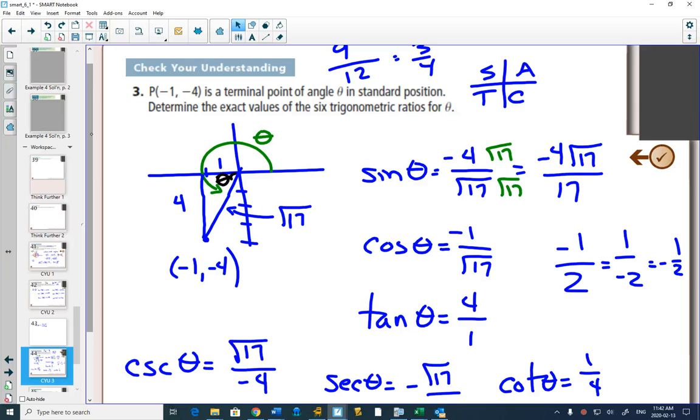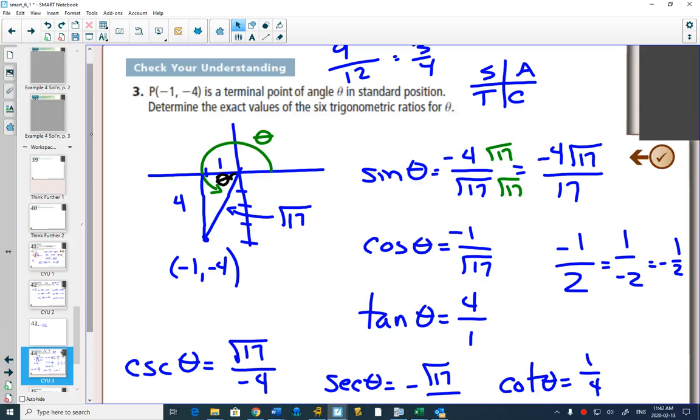What we noticed earlier, that sine of 30 degrees was the same as sine of 150 degrees, and sine of 330 degrees was the same number as sine of 30 degrees, is because they have the same reference angle. The only thing that changes is sometimes it's positive, sometimes it's negative. And that's connected to your CAST rule.